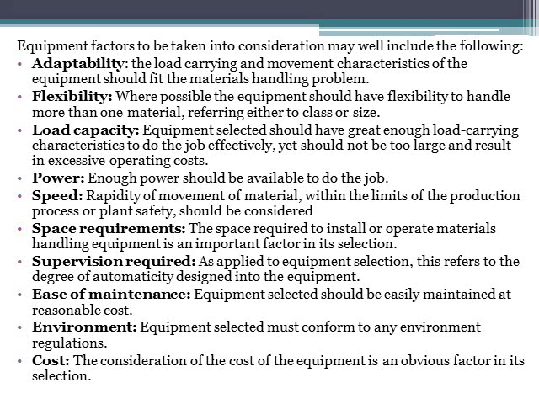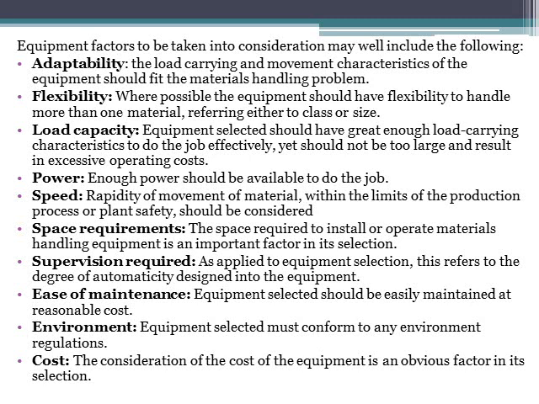These are some of the factors we need to consider while selecting material handling equipment. Adaptability: the load carrying and movement characteristics of the equipment should fit the material handling problem. Flexibility, load capacity, how much is possible, power, speed, space requirement, supervision required, ease of maintenance, environmental, and cost.